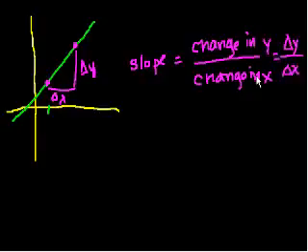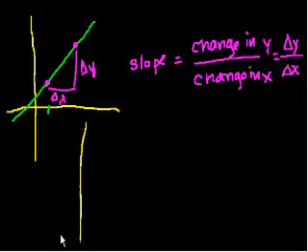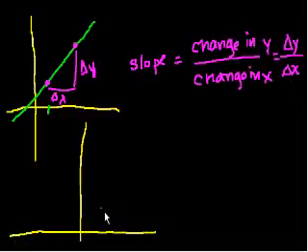Very straightforward. Now what happens if we're not dealing with a straight line? Let me draw another coordinate axes. Still pretty messy, but I think you'll get the point. Now let's say instead of a regular line that follows the standard y equals mx plus b, I had the curve y equals x squared.